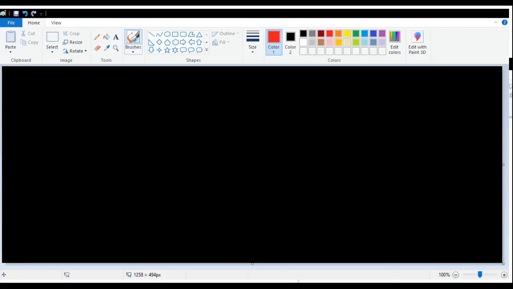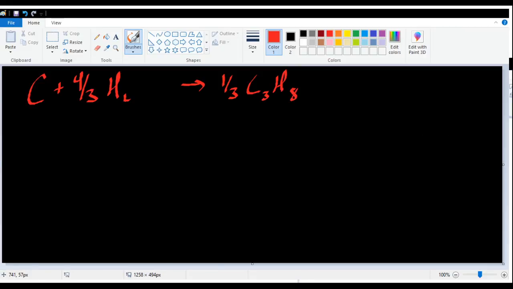So when we do that, our reaction will be carbon plus, unfortunately, 4/3 hydrogen yields 1/3 propane. I don't know how common it would be to get fractional coefficients like this, but it's entirely possible and it's acceptable. Again, this is a tool that we're using to get to our final result.